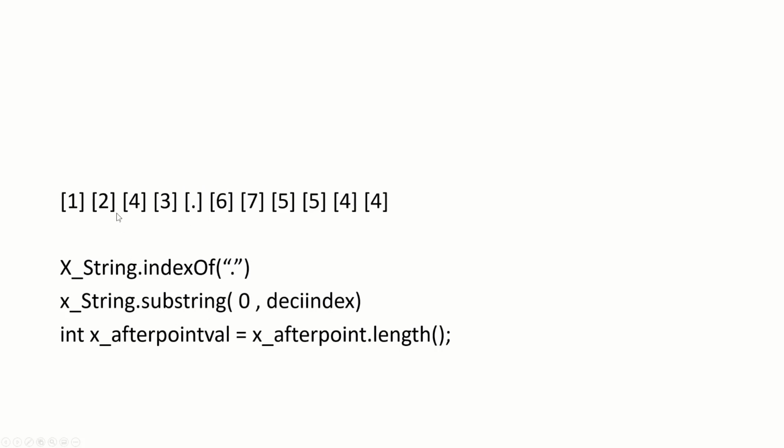And then when we're looking at substring, this is our string, and our substring would, in this case, be from index value 0 to the assigned deci_index, which was the index value 4 of the decimal point. We're looking at this section here, and this is our substring. And we're going to assign a name to this substring, which should be something like substring1 equals x_string.substring.